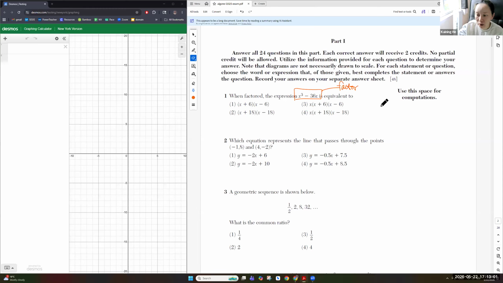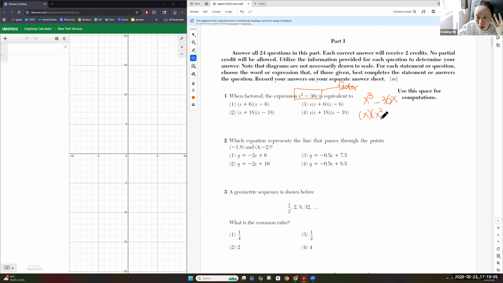So let's see whichever is most convenient for you. Look at this: x to the third power minus 36x. We see a letter x on both terms, so I'm going to take out the x. After you take out the x, you're going to have an x squared in the front, because x to the first power times x to the second power together will be a third power.